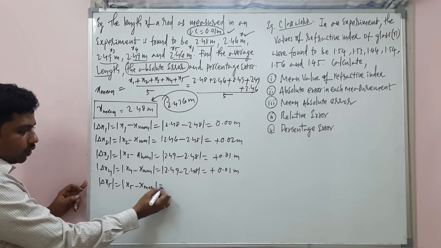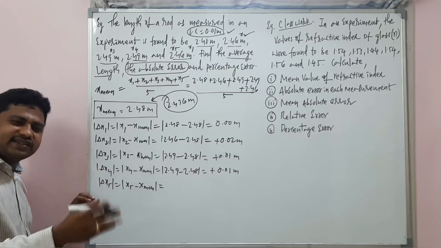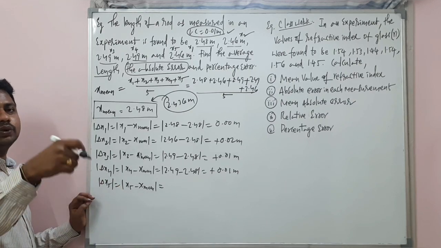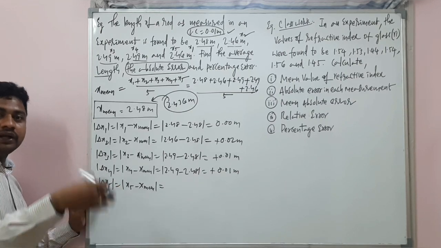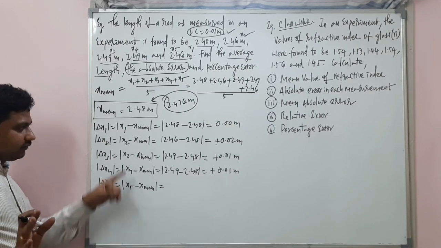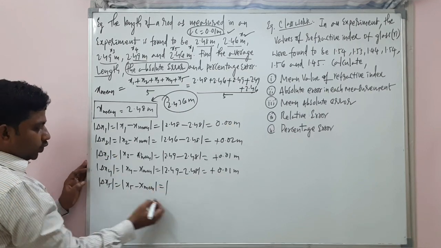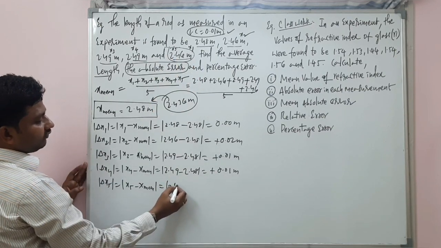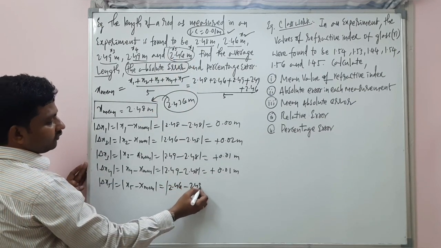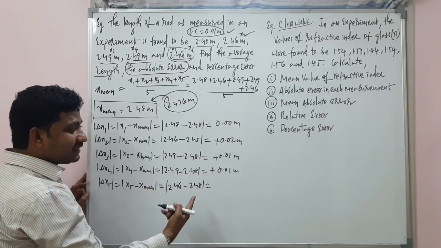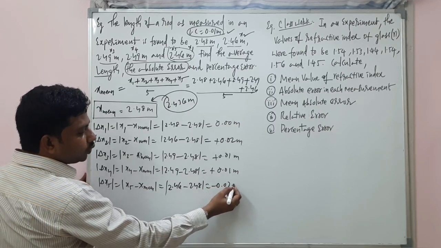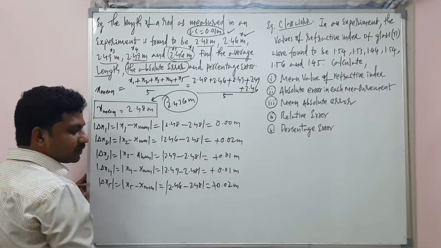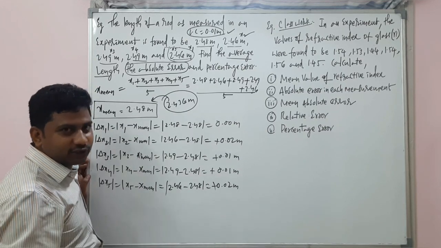I hope now you are understanding what exactly is meant by the absolute error in individual measurement and mean absolute error. Individual measurements we are finding. So x5, what is the fifth measurement? 2.46 minus 2.48, it's minus 0.02, and as there is a modulus present, it will be plus 0.02.